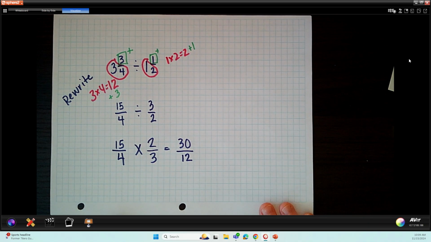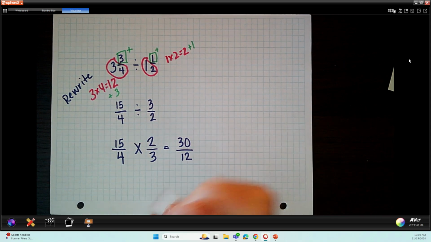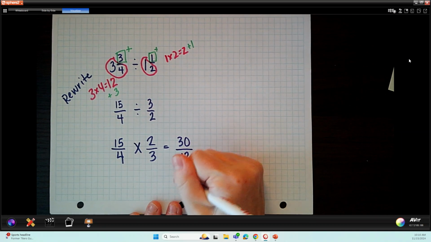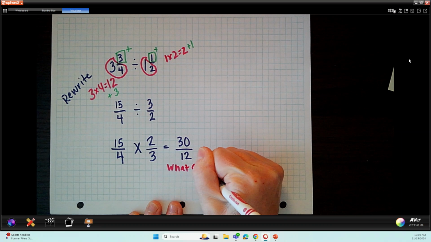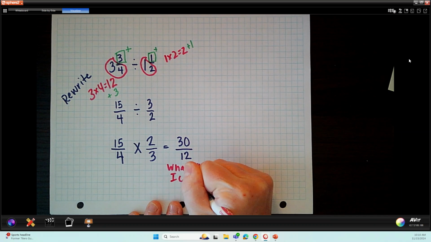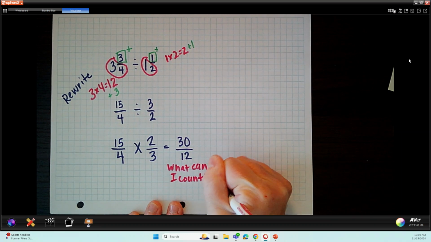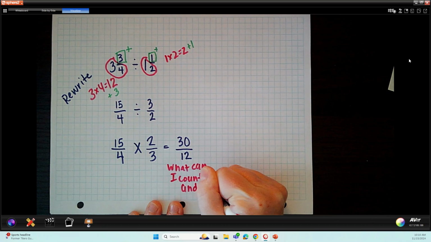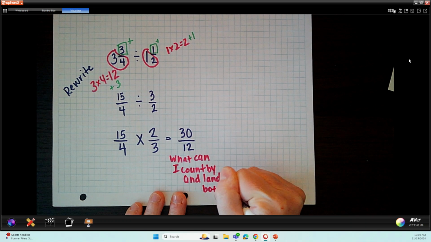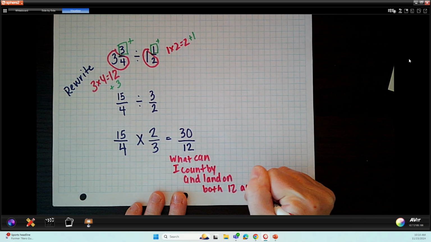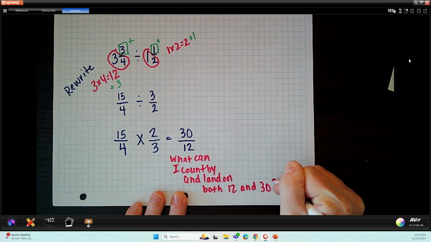Then we can simplify. A couple things we can do. First, we could maybe make this number a little bit smaller. If I don't want to do how many 12s are in 30, I can think about what common factor, what can I count by and land on both 12 and 30. That's what we're asking ourselves.